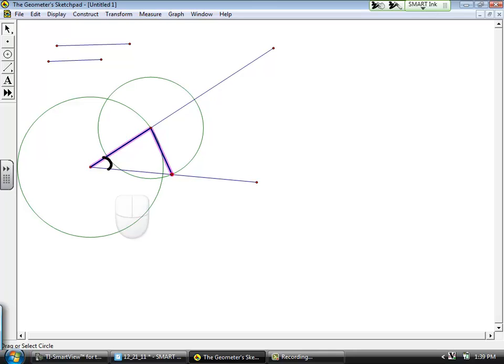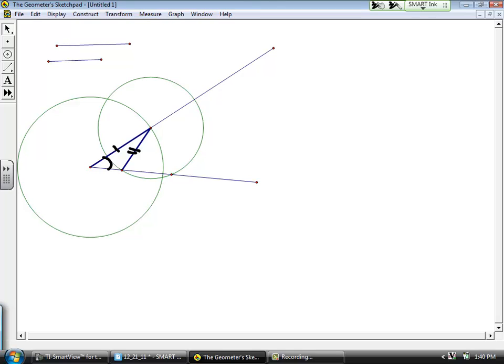But the question is, can I form another triangle with that same side and angle? What I will do is move this around until it goes right there, and then I have another triangle with the same side and angle. So, does it show that triangles are congruent when they have the same side, then angle? No, it does not.